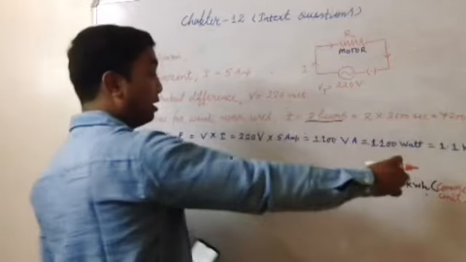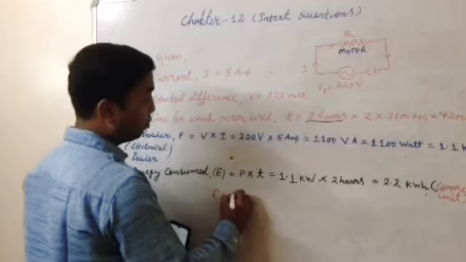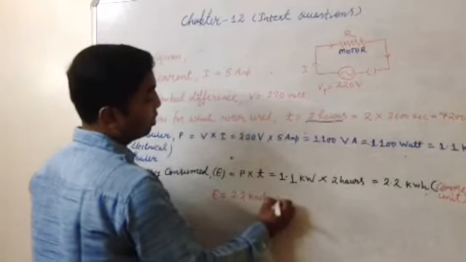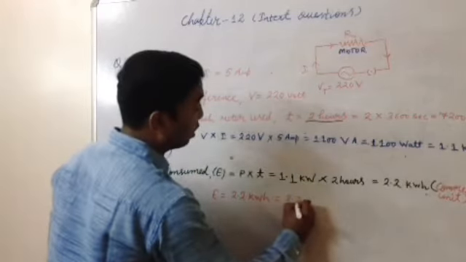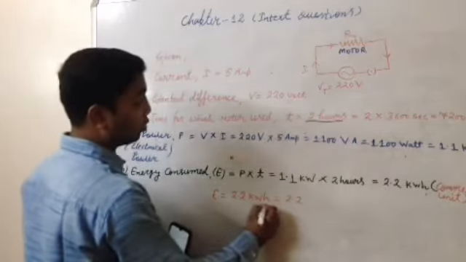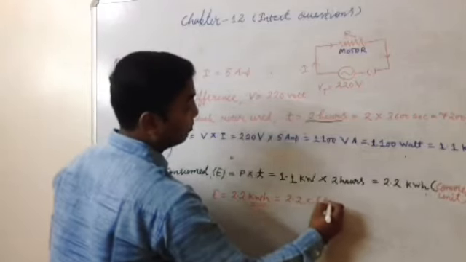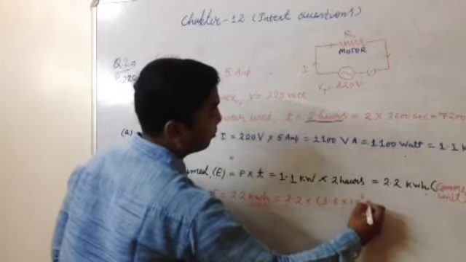Now let's calculate our answer in SI unit also. 2.2 kilowatt hour. We know 1 kilowatt hour equal to 3.6 into 10 to the power 6 joules. Forgot?